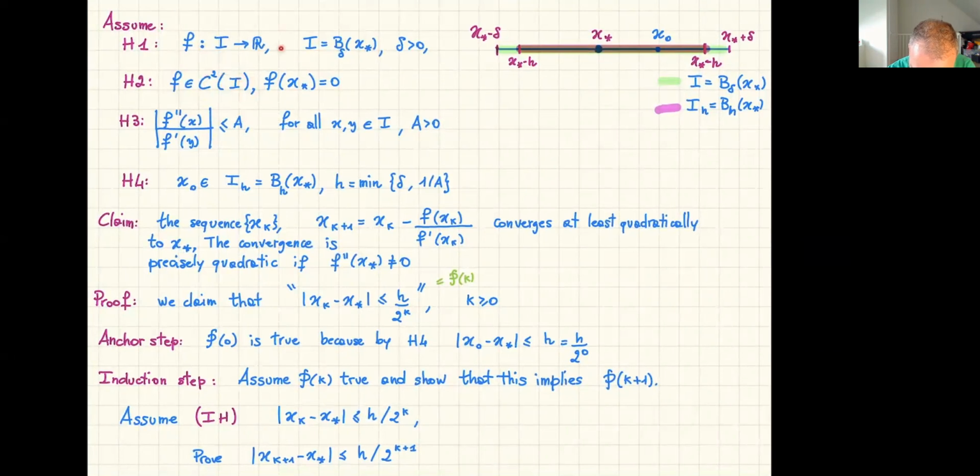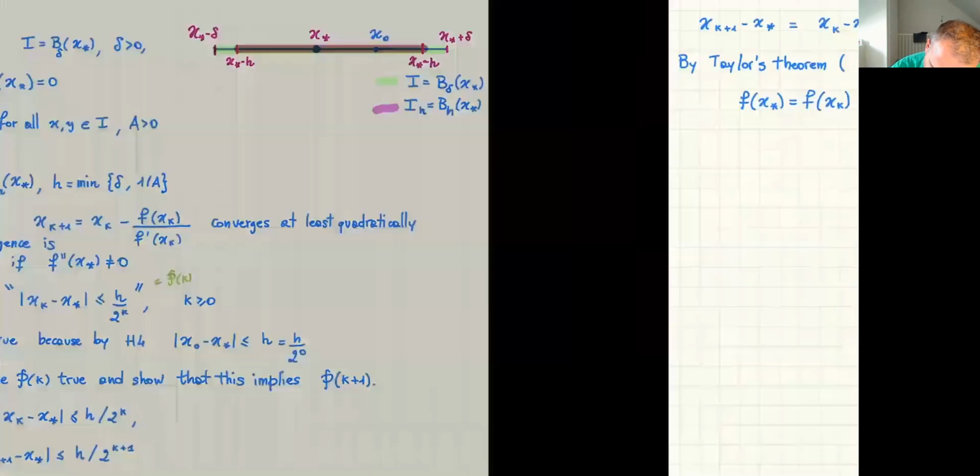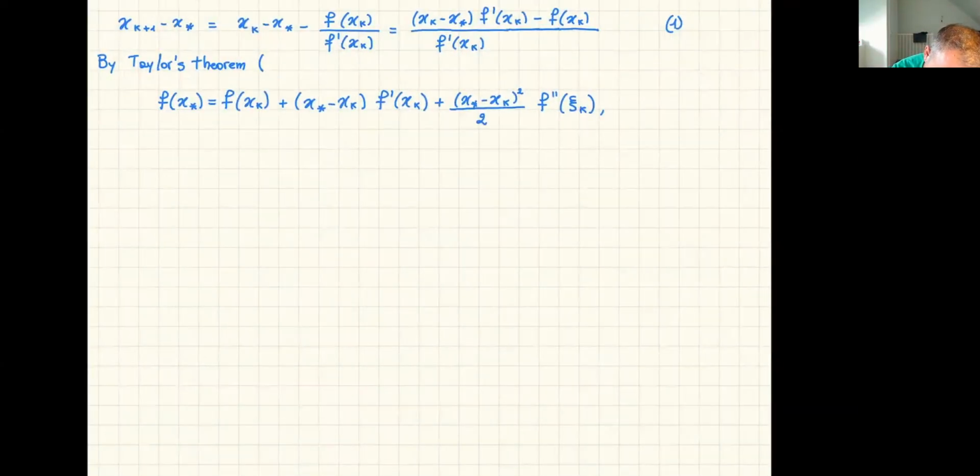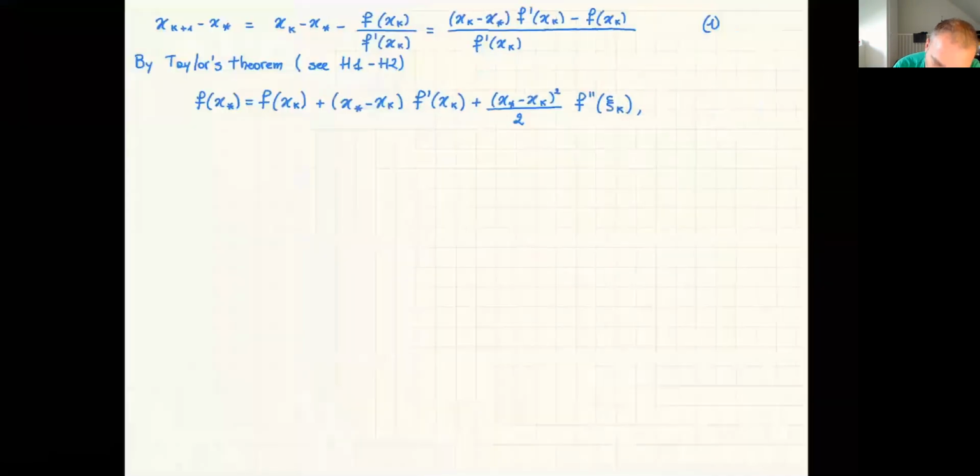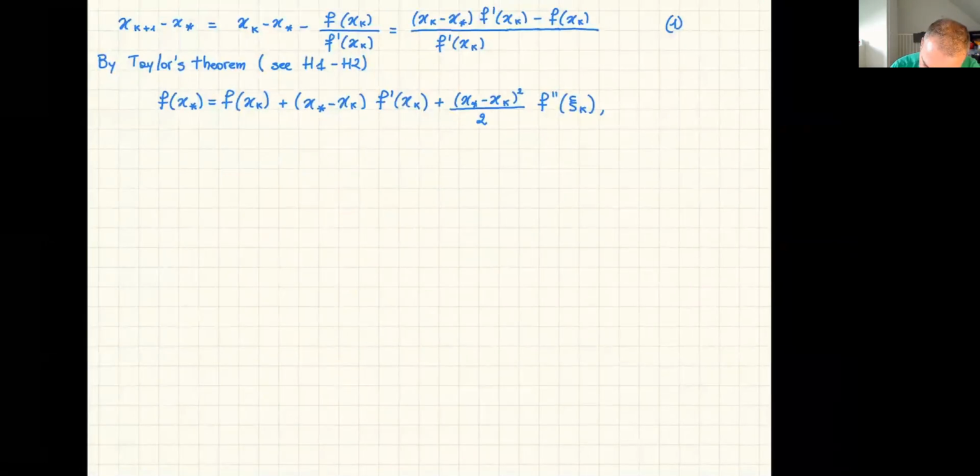And obviously I'm also using the fact that the function is defined for a next node inside this interval. So we are using H1 and H2 in Taylor's theorem.